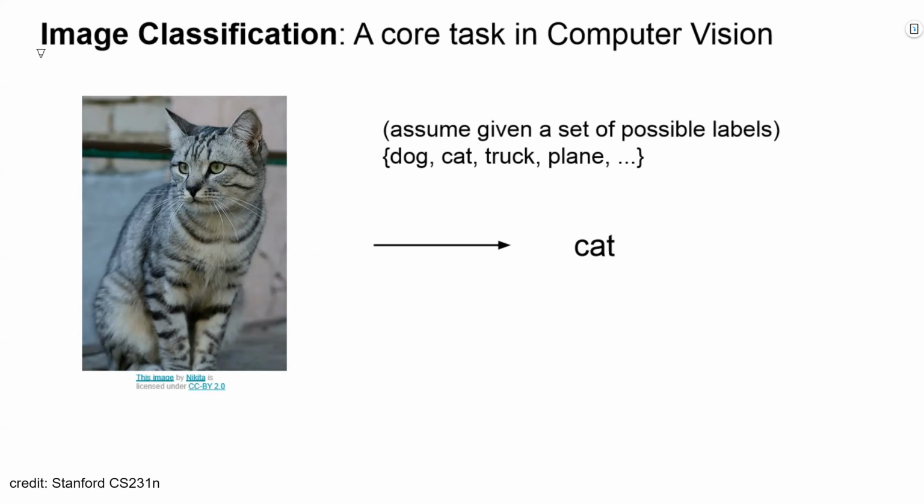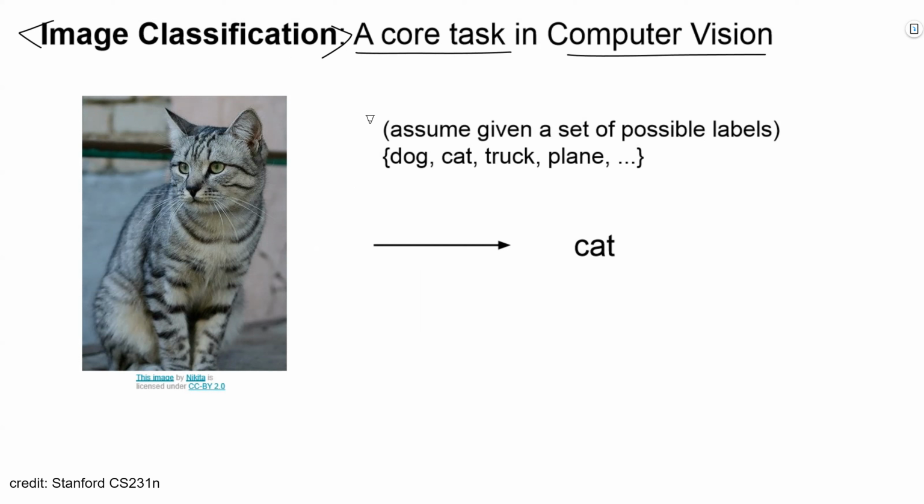In this session, we are going to select the image classification task as our example problem. Image classification is a core task in computer vision. And what is an image classification task?